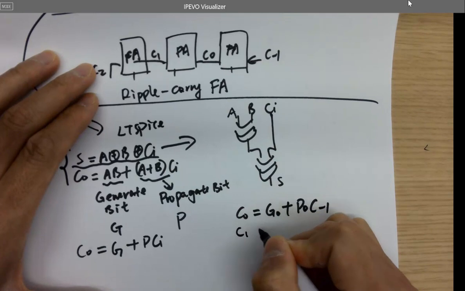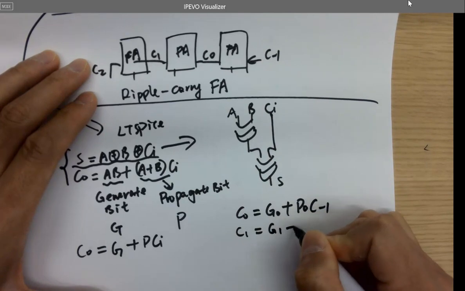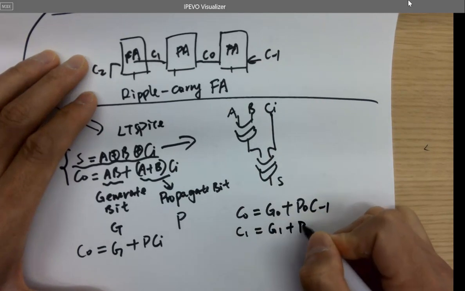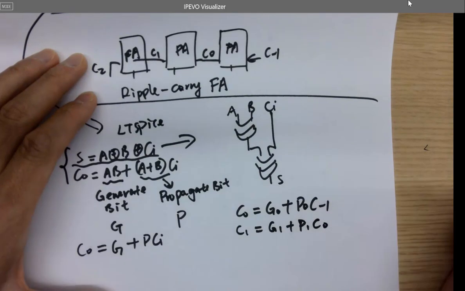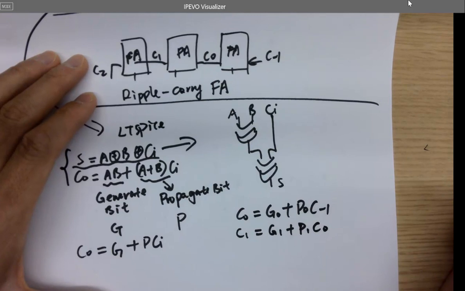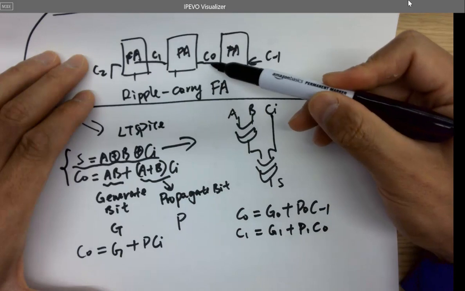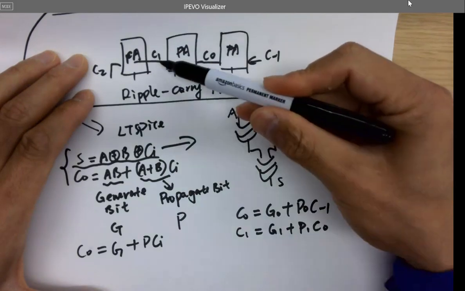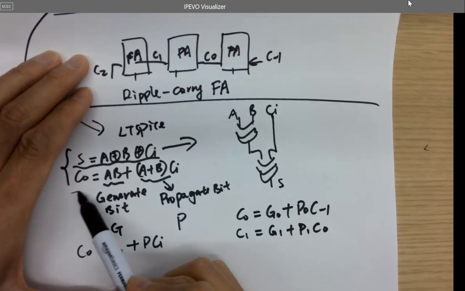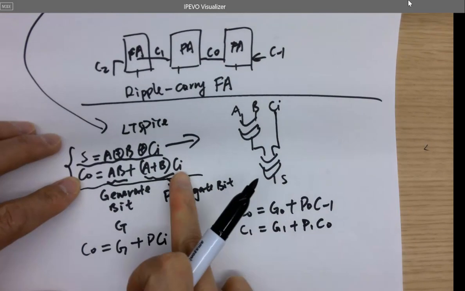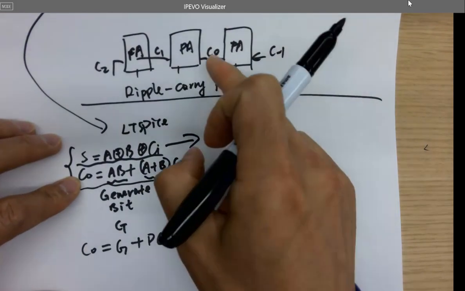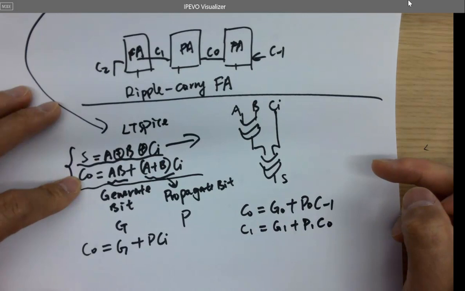So C1 is G1 or P1 and C0, because C0 is the carry in to get C1. It's still the same logic equation; I'm substituting the Ci with the exact carry in used for that stage.